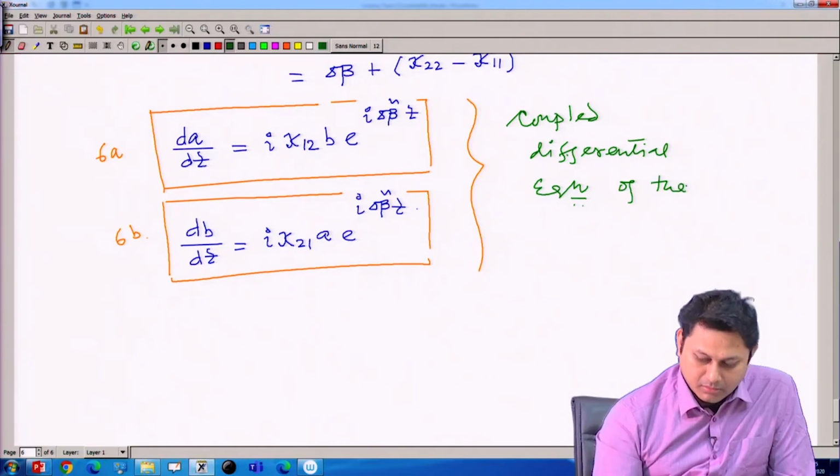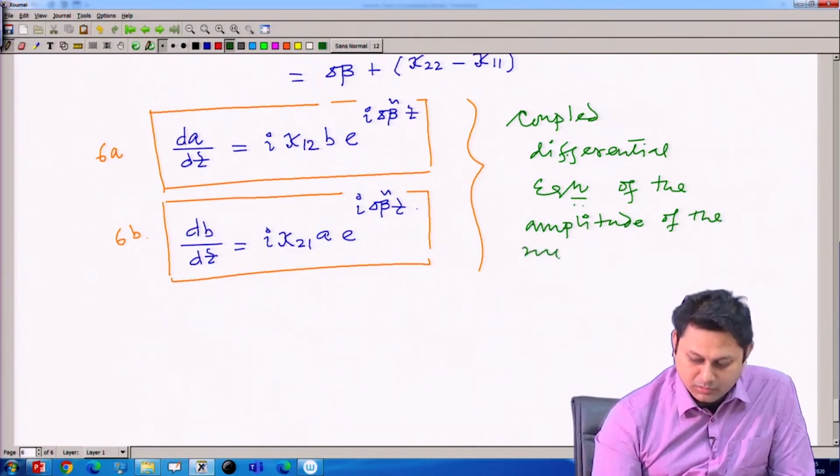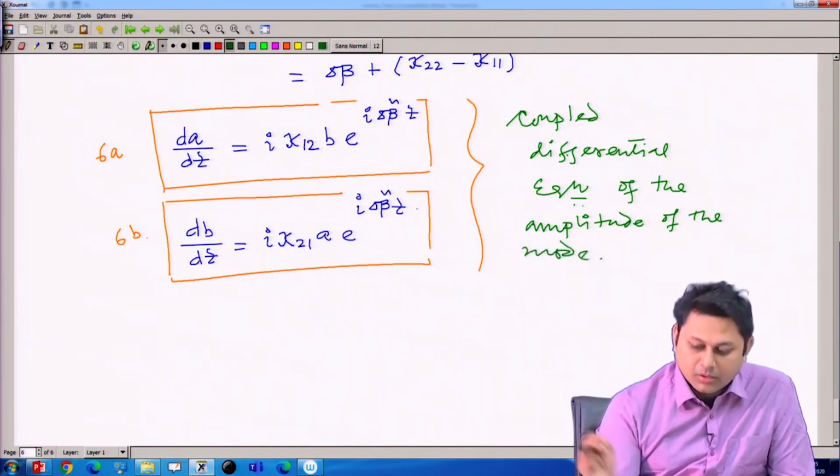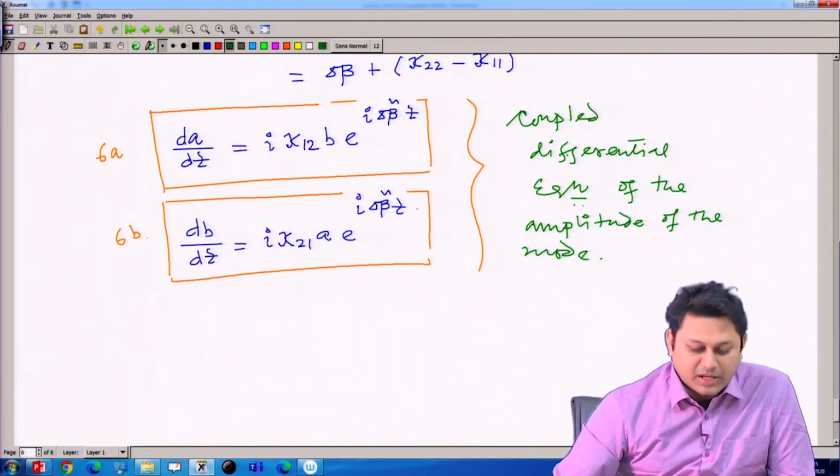These are the coupled differential equations of the amplitude of the modes. So, this is a coupled differential equation of the amplitude of the mode.